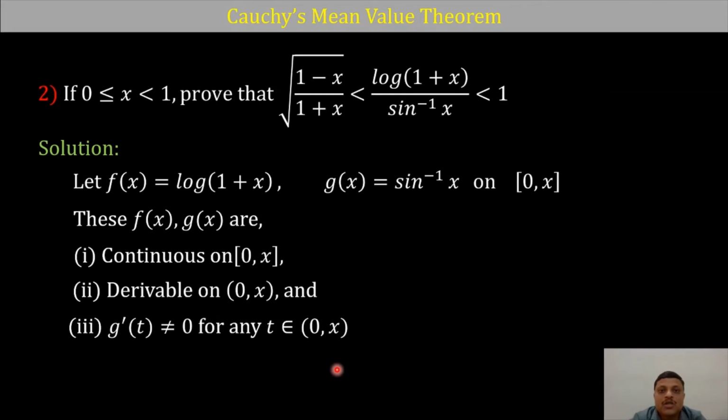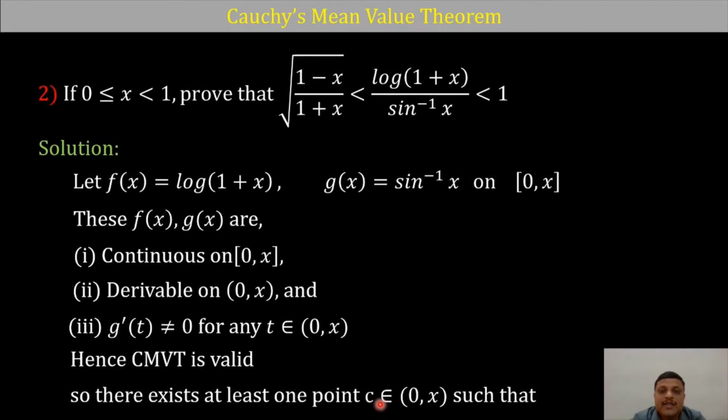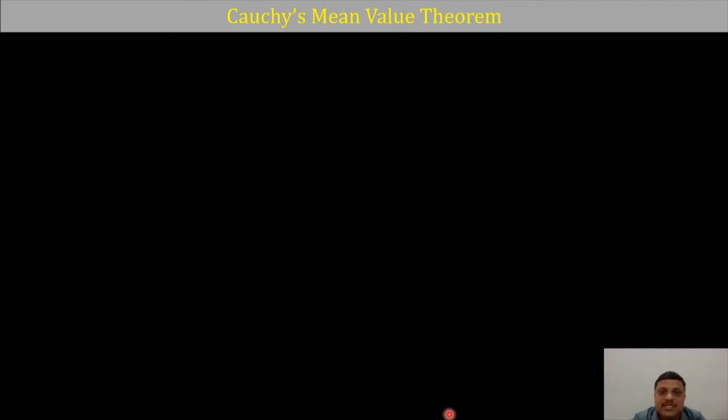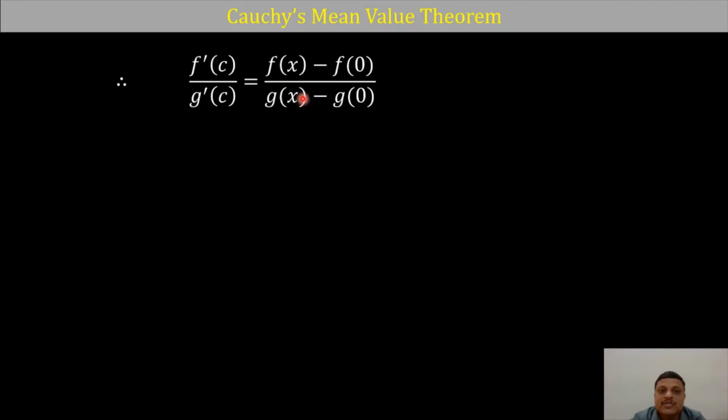Therefore, all the conditions of CMVT got satisfied, hence it is valid, and there exists at least one point c belongs to open interval (0, x) such that f dash of c upon g dash of c equals (f of x minus f of 0) divided by (g of x minus g of 0).